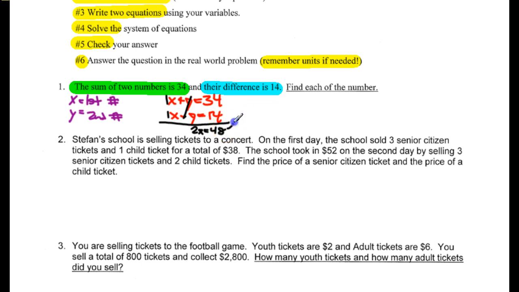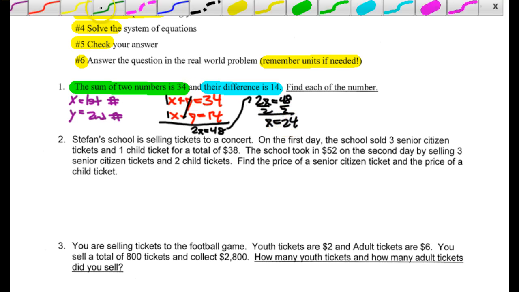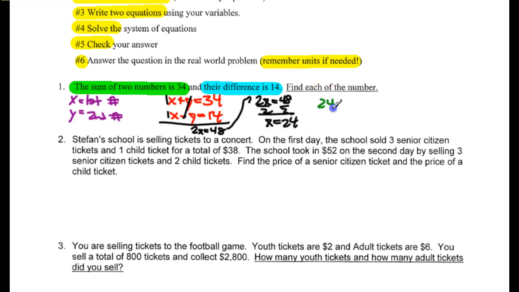Now I'm kind of out of space, so I'm going to bring it over here. 2x equals 48. Divide both sides by 2. And x equals 24. So once we have it set up, that's the only hard part. Now you know how to solve it. Then remember, I need to take this and plug it back into one of the equations. So I'll plug it back into the first one. X is 24, plus y equals 34.